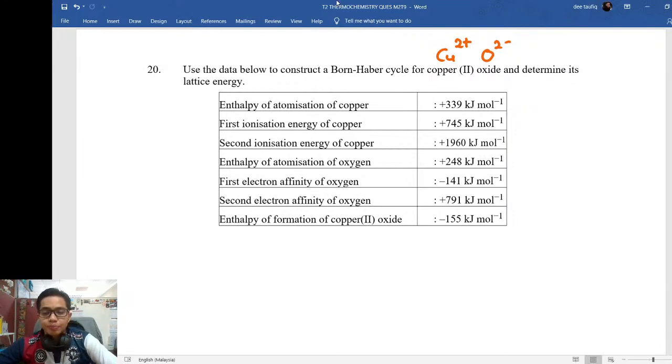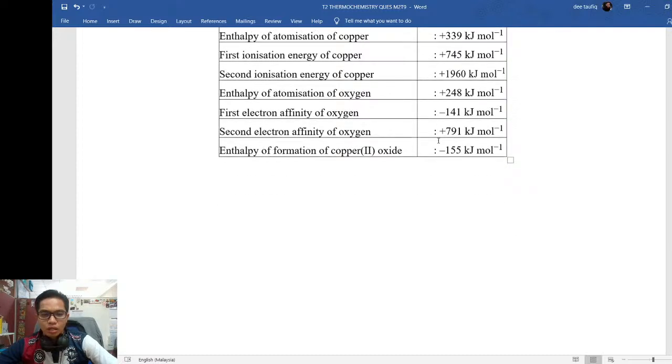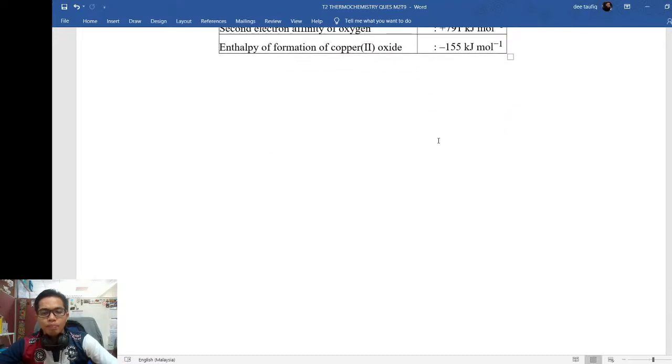Okay, so dia bagi benda ni. So yang ni saya tak nak tengok dulu table ni. Table ni saya nak taruh tepi. So kita nak buat Born-Haber cycle for Cu2 plus and oxygen 2 minus. So we always start with enthalpy of formation. So enthalpy of formation, we are going to produce copper solid.